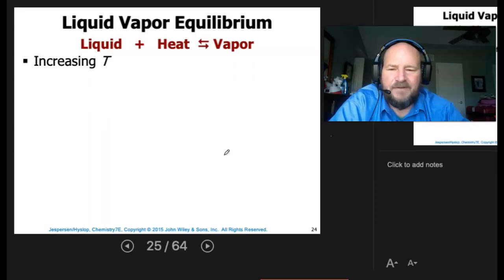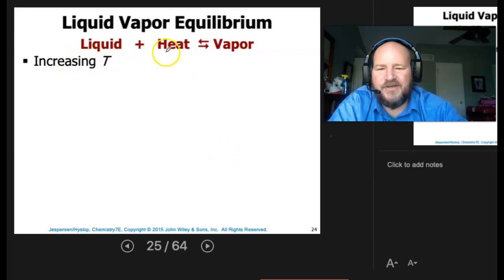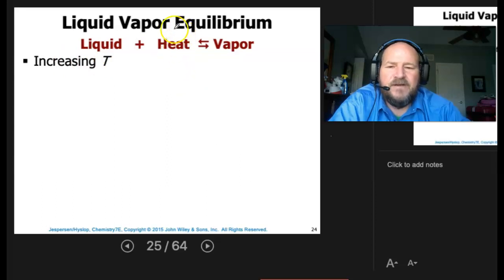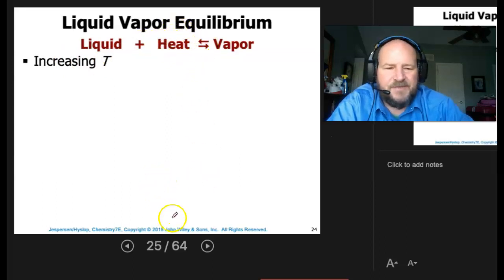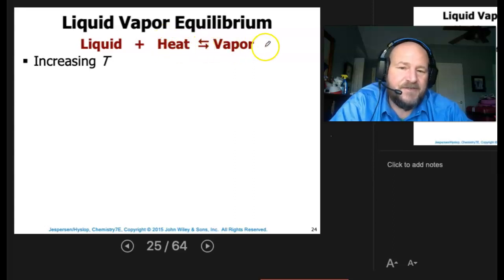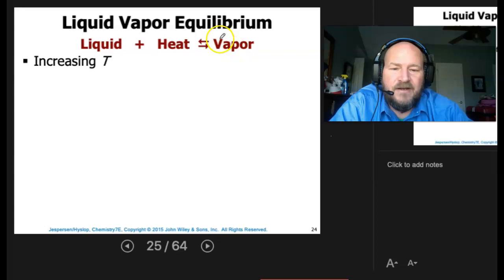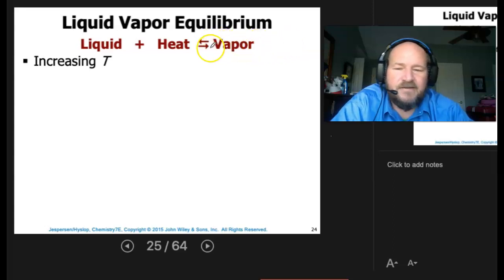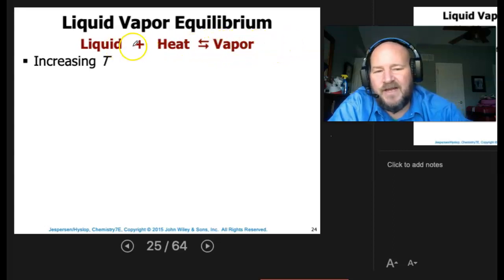What's going to happen? If I increase the temperature, that means I'm adding heat. You can think of this as being on a rope, right? Maybe a rope's not the best idea, maybe a pole, if you will. If I push on the system, the system is going to go to the right. If I pull from the right, it's going to go right. If I pull from the left, it's going to go left.